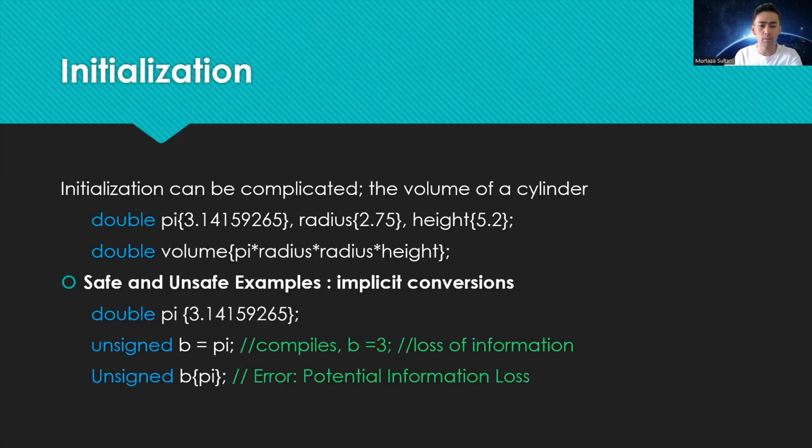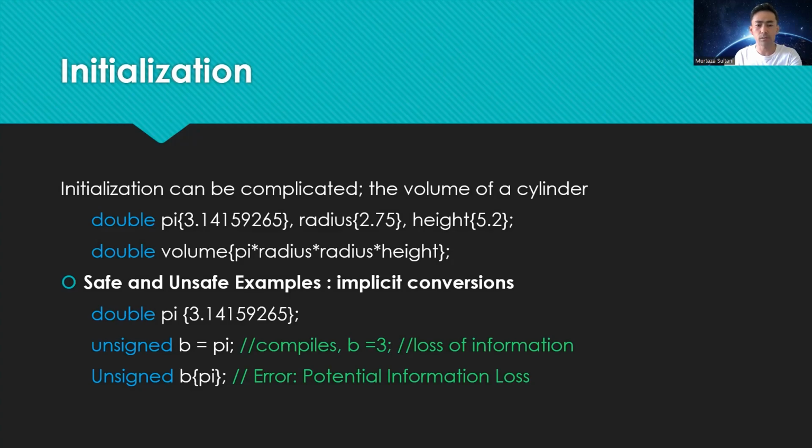Initializations can be complicated. For example, if we want to initialize the volume of a cylinder, we cannot do it directly and easily. First, we need to initialize double pi with its value, and the radius with a value, for example 2.75, and the height of the cylinder.